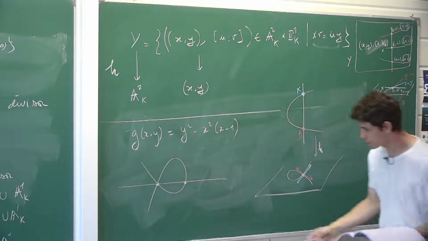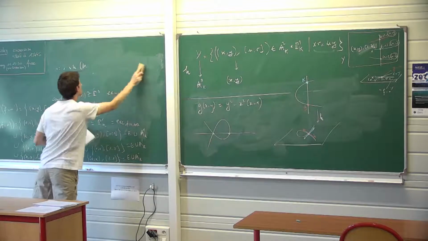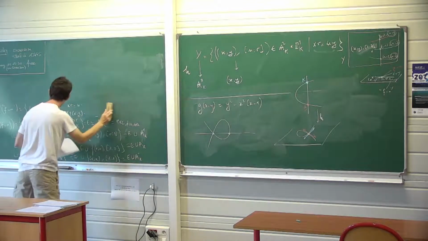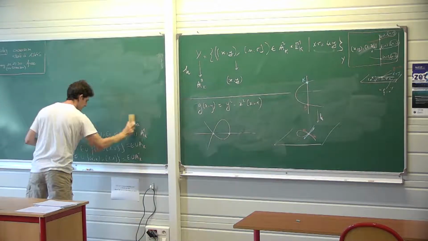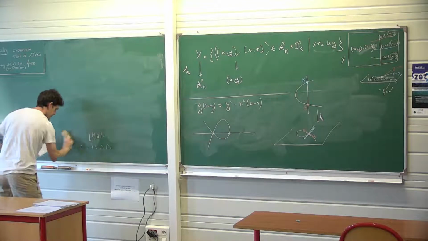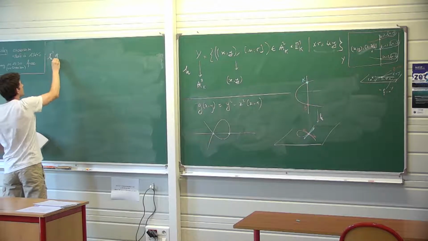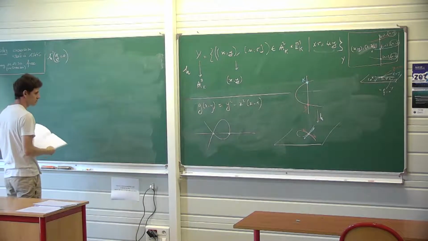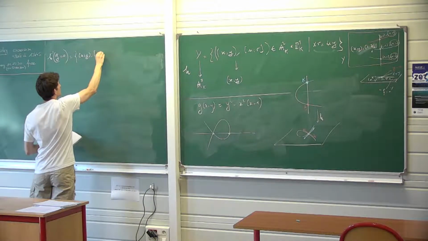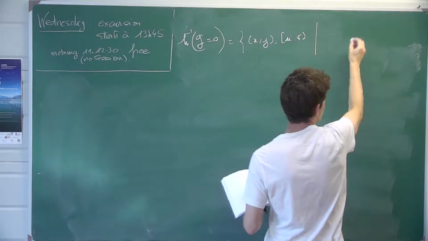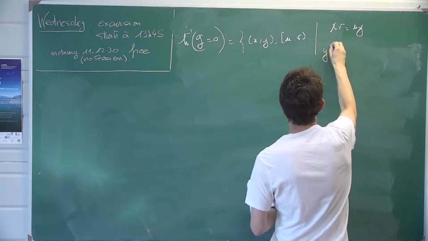So if we do the computation, this inverse image of G equals 0 will be the set of points. And I have two equations. The first is xv equal to uy, and the second is the equation of the node.